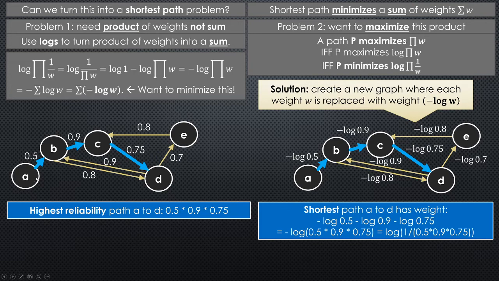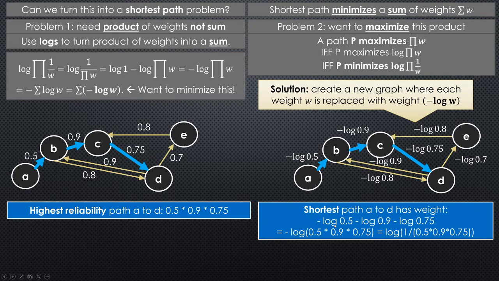I said the highest reliability path from A to D was the product of this stuff. That's actually wrong, because clearly, oh no, is that right? Yeah, so this is like 0.337 or whatever. And there's actually a different path, A, B, D, that has a higher reliability. So you sort of have to disregard these exact numbers. The highest reliability path from A to D should be A, B, D instead. I can correct these numbers in the slides, and you can go over them yourself once I've corrected them.